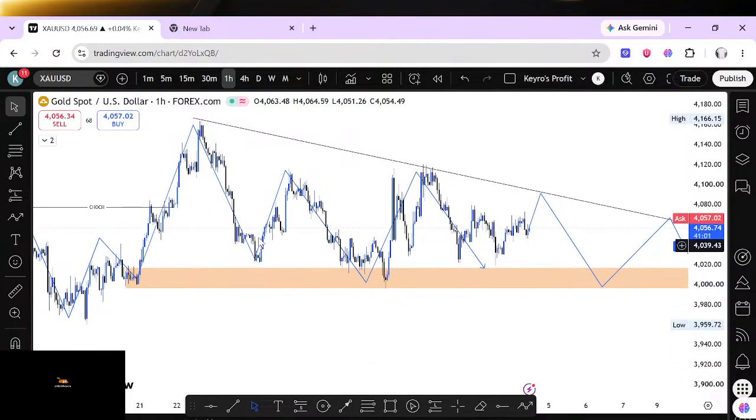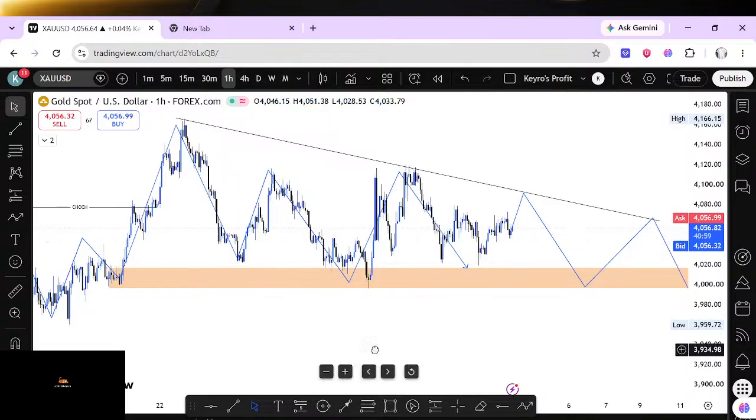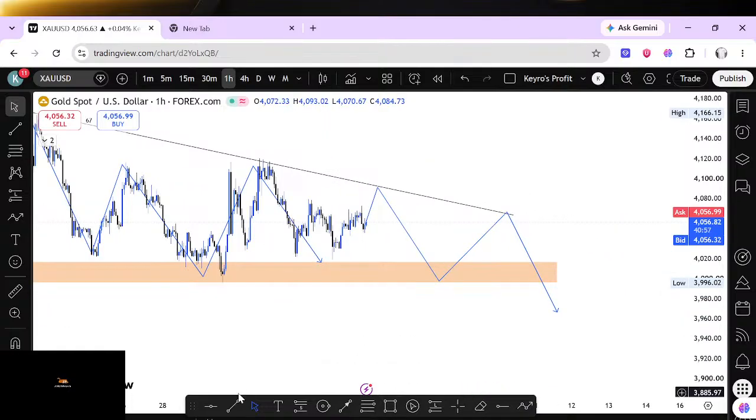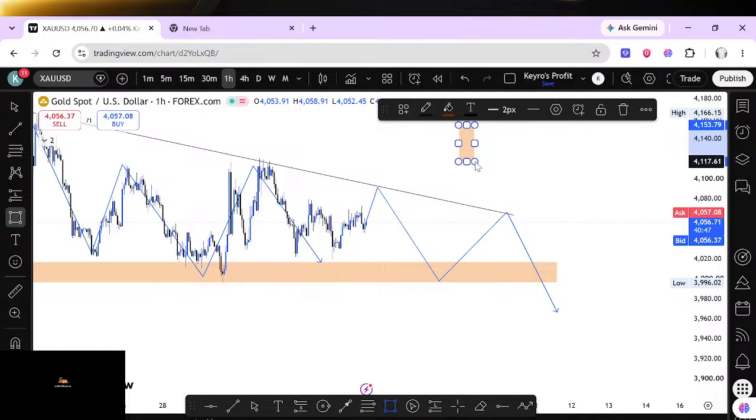Now a fair value gap happens when, let me just try drawing something here. Let's say this is our candlestick.